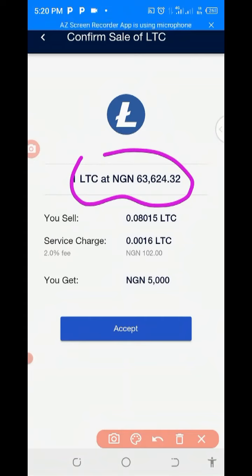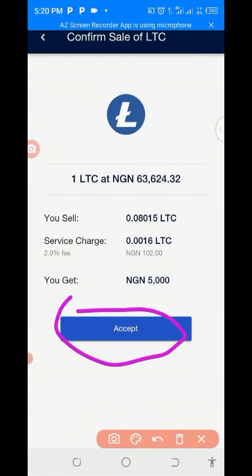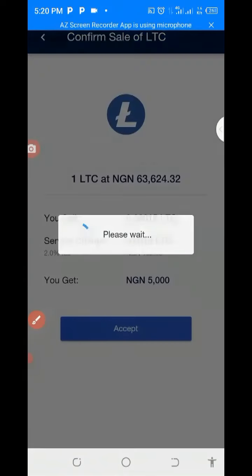So the service charge is there. Those that own the app will charge you normally, so that is normal. So I will get 5,000 naira out of that money. The next thing here is to accept. Now you click accept.